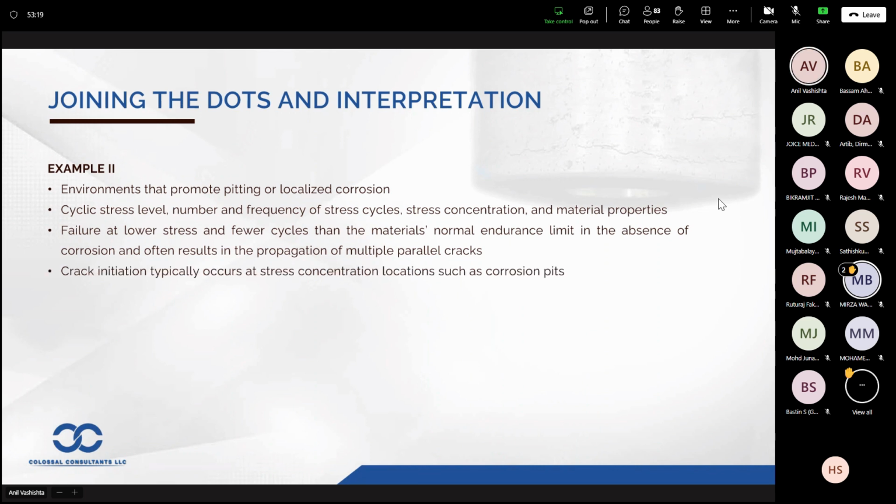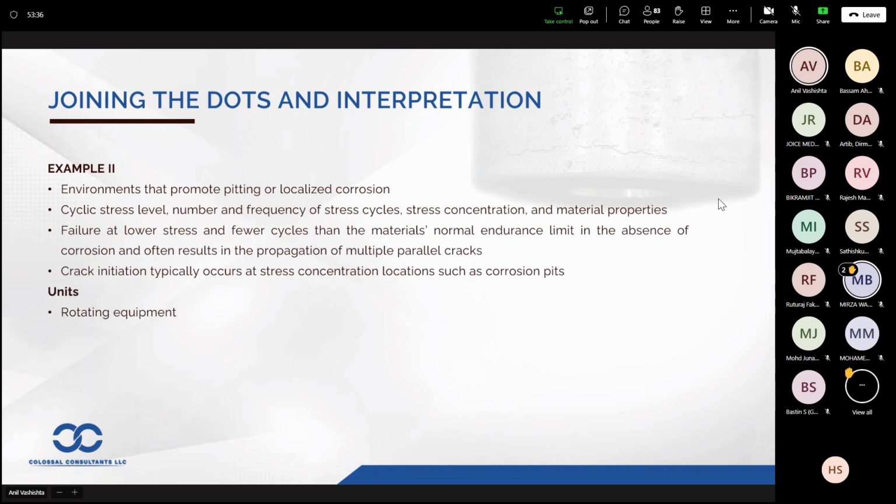The crack initiation has started. When you do the visual examination and the macro or micro examination, you see that the crack initiation has occurred at a stress concentration, for example, a pit.